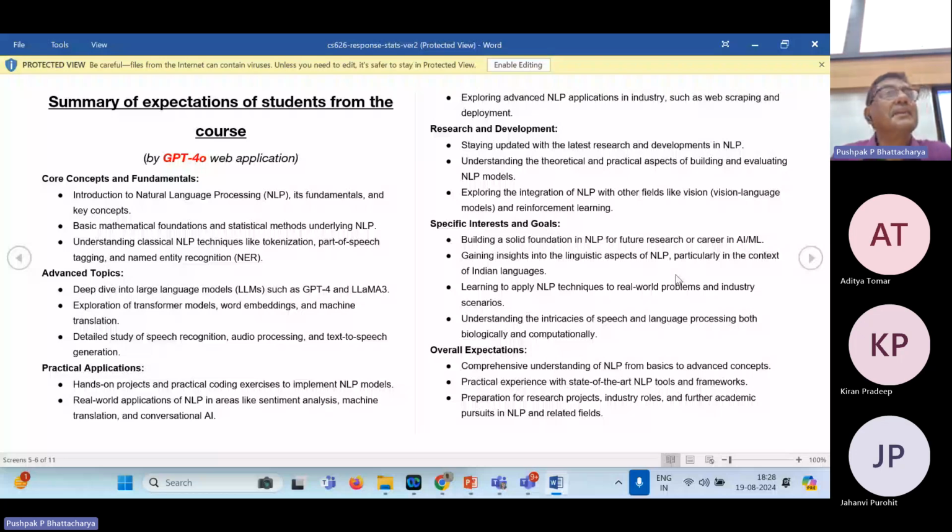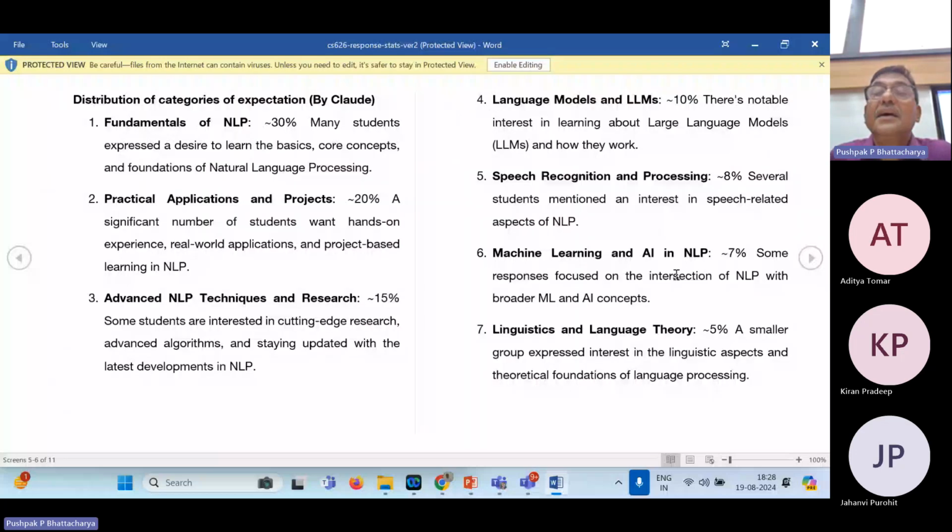This was done by another large language model, which is Claude. You see, fundamentals of NLP, 30% of the class is interested in this. Not bad, quite encouraging for the teacher. Then practical applications and projects, 20% of the class. Nice. Advanced NLP techniques and research, 15% of the class.